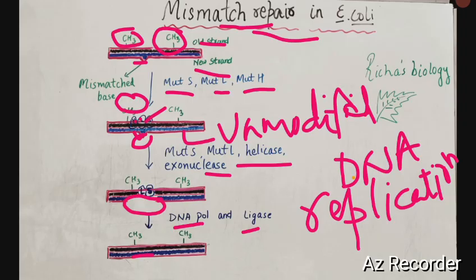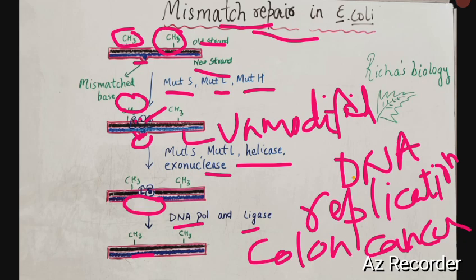Basically, if there are defects in mismatch repair in our body, it will lead to colon cancer, which is also known as hereditary non-polyposis colorectal cancer. That's why this repair which happens in our body is very important. It differs in prokaryotes and it will be different in eukaryotes, right? So today I'm going to talk about E. coli, Escherichia coli, that is a prokaryotic organism.